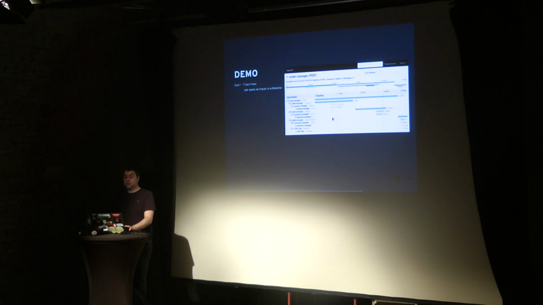I planned for today to also demo Jaeger. So I will leave that for the end of the demo and see if we can get there in time. Basically, if you want to see Jaeger, it's on GitHub, uber/jaeger. There is a Docker image that you can run.